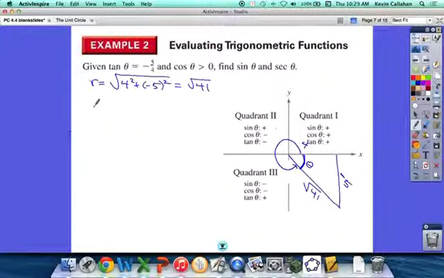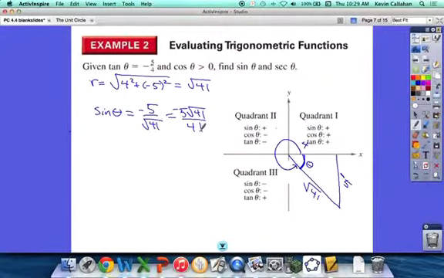Now the sine of theta, using this triangle, should be opposite over hypotenuse: negative 5 over root 41, which rationalized is negative 5 root 41 over 41.